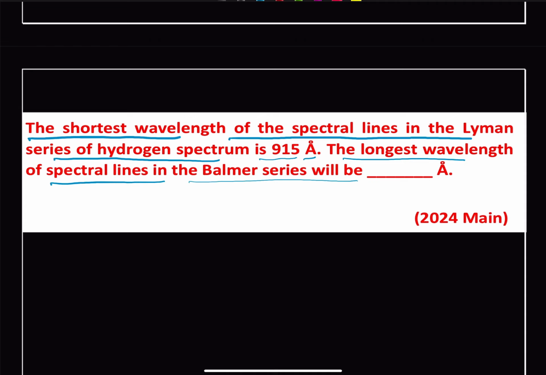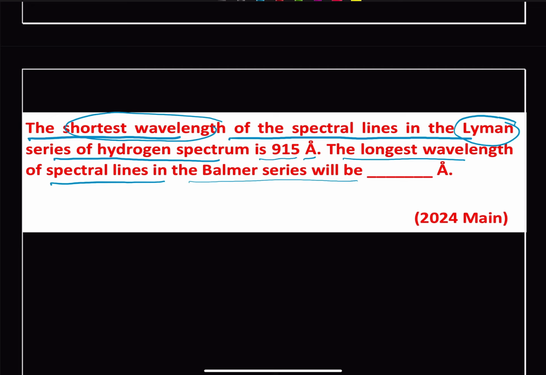Okay. So we are going to start with our Rydberg constant, and we have to remember that in the question it is given that there is a shortest wavelength for our Lyman series. So it means the value of n1 will be equal to 1 and the value of n2 will be equal to infinity, and that will result in the shortest wavelength in our Lyman series.